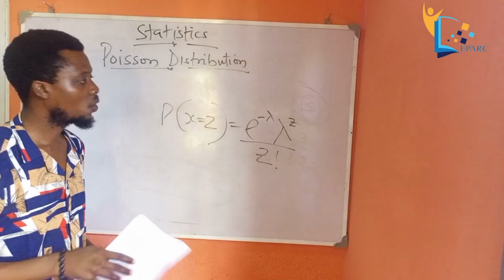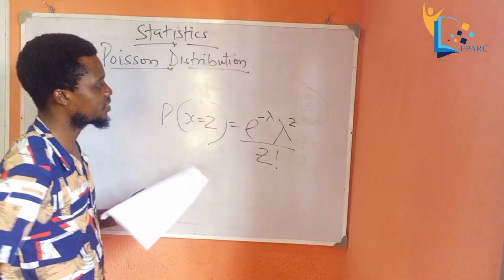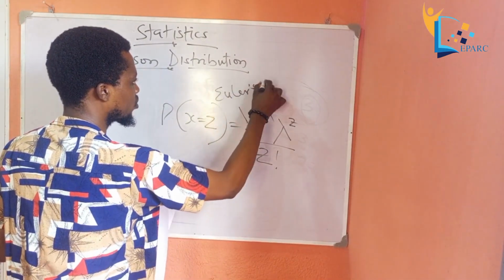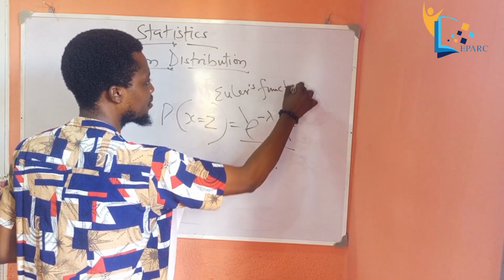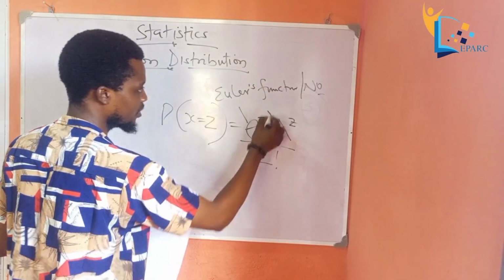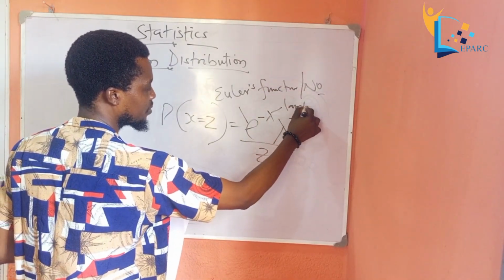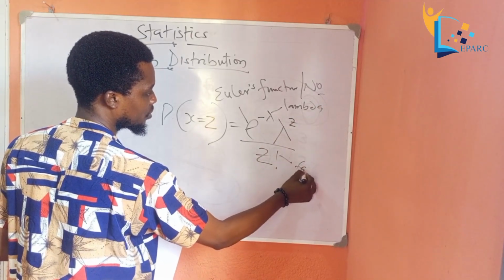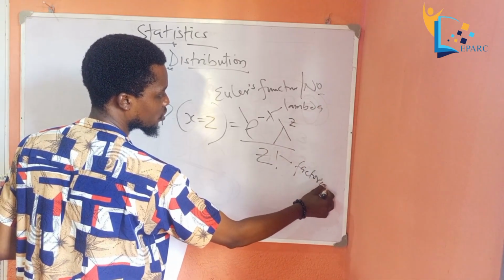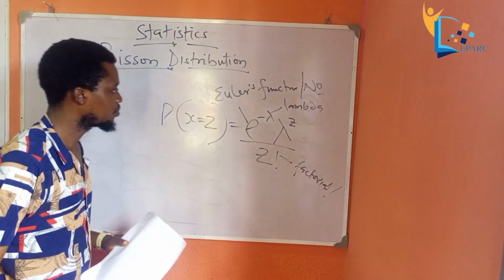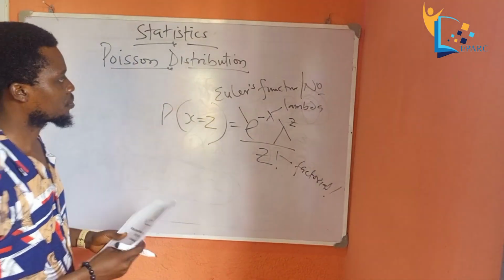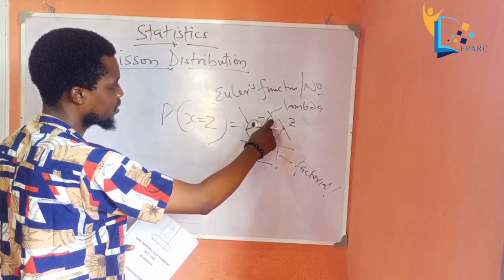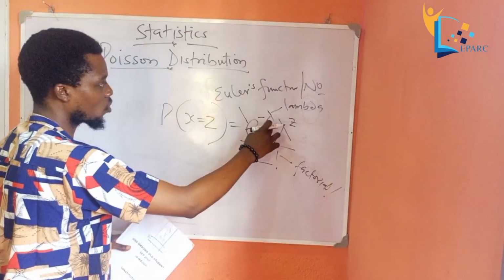Are you with me? Okay, now, this symbol here stands for Euler's function or number. This one you already know is the lambda. This one is the factorial function. Okay, so now the lambda here is the mean, the average number of an event occurring.